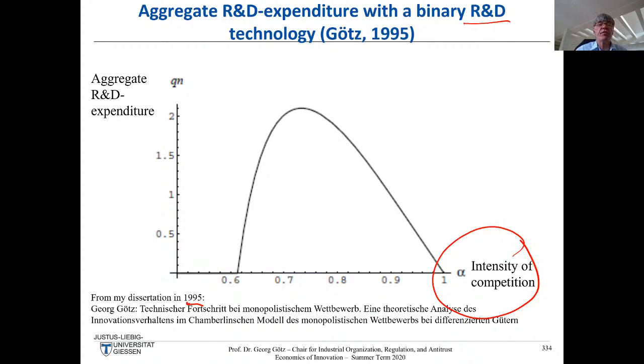That is, you either invest or you don't invest, okay? And you have some fixed cost. And what you see is this alpha: with 1 you have perfect competition, with 0 you would have pure monopoly, but you see here you start investing once it's sufficiently competitive.